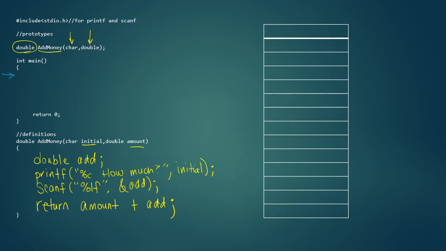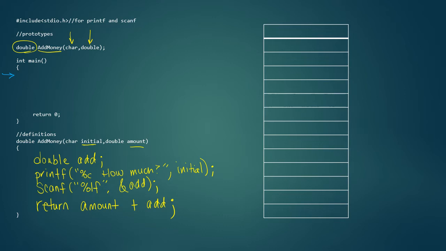So in this case, the important part of this program is this add money function. It has two formal parameters, an initial and a double. The character is an initial, so you can interact with the user with their initial. The double is an amount that's going to be the amount that's in an account. So you're going to ask the user how much they want to add to their account and return the new value.